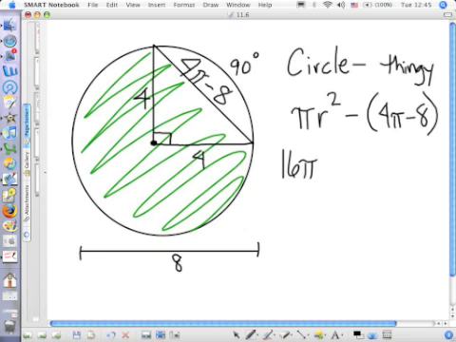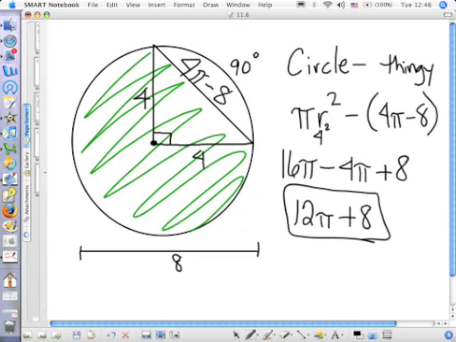The radius of the big circle is 4, so 4 squared is 16. I've got to distribute the minus sign to correctly subtract that whole thing, because of order of operations. So the area of the green section is 12 pi plus 8.